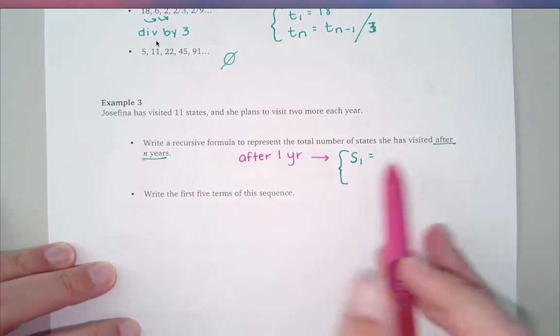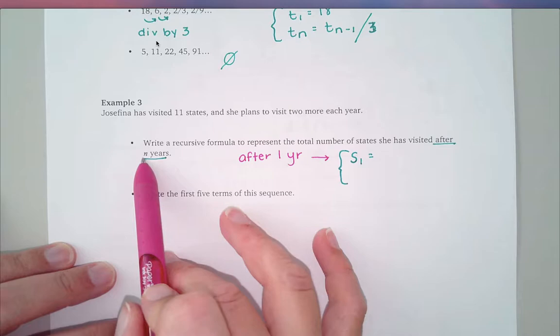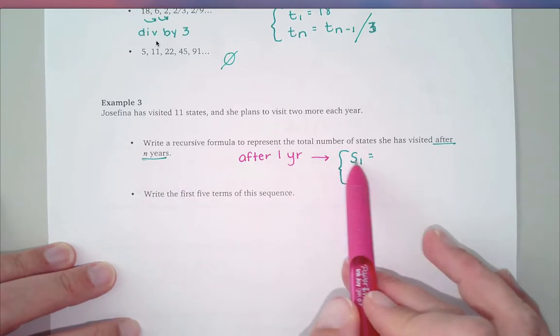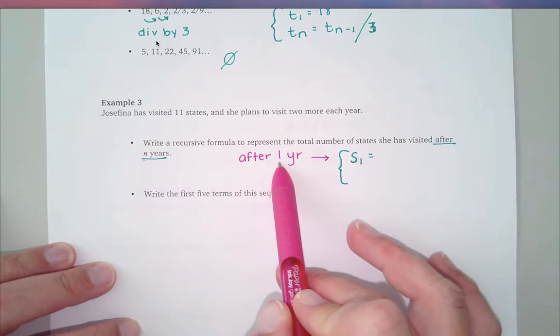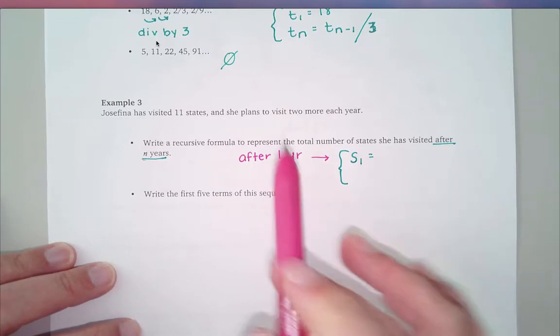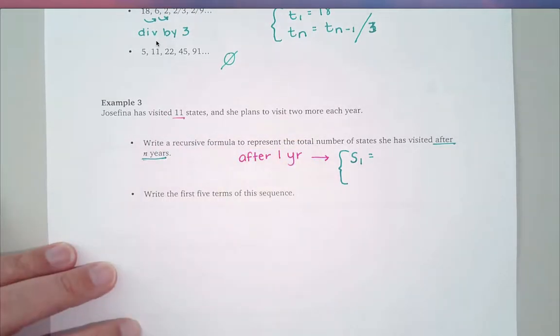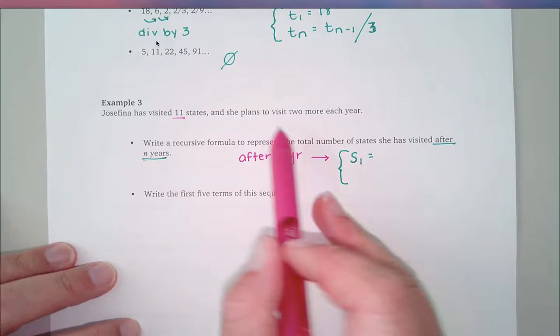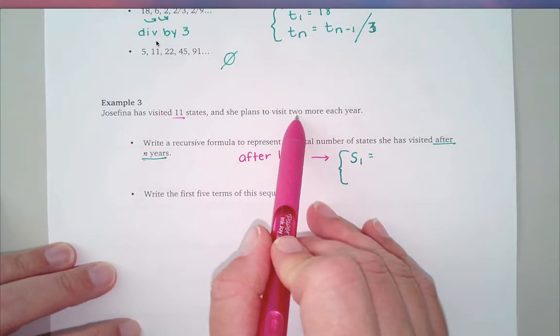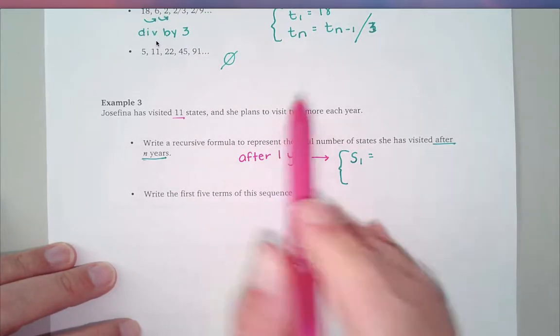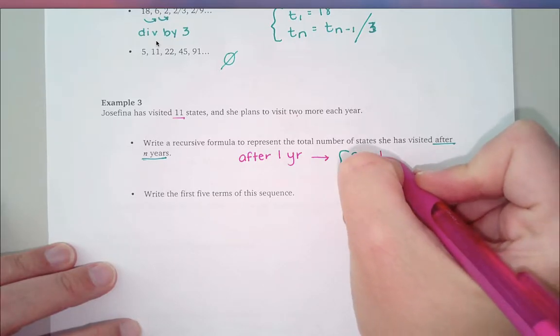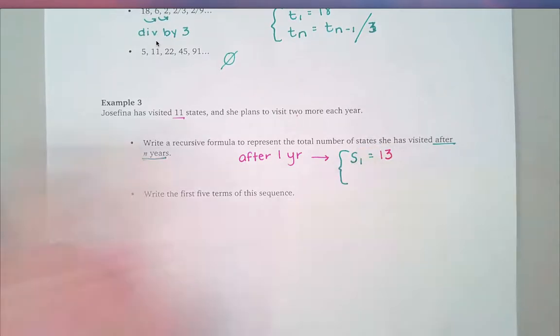Okay, that's because n represents the number of years. So S1 represents how many states I've visited after 1 year. I visited 11 states right now, but after that first year, I will have already visited 2 more. So my S1 here is actually 13.